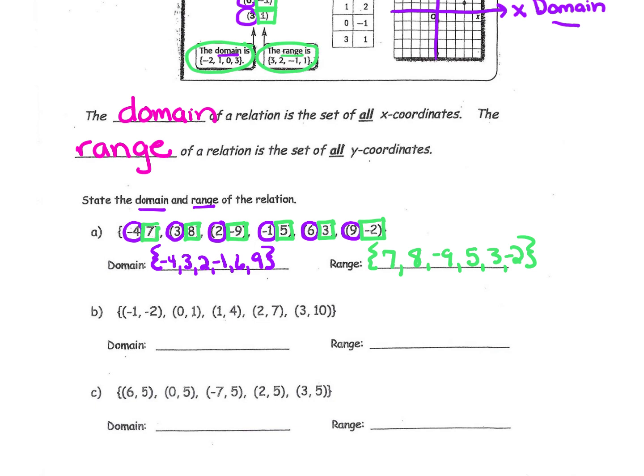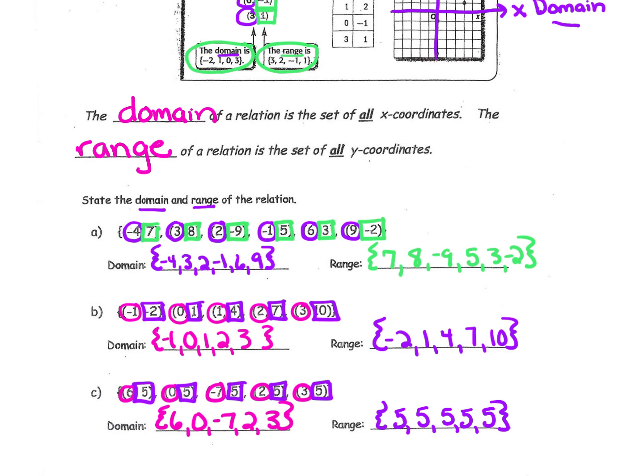Now complete the rest of the problems on this page. Pause the video, and when you're ready to check your work, turn the video back on. Please check your work. When you're ready, turn the page, and let's talk about the information on page 2.